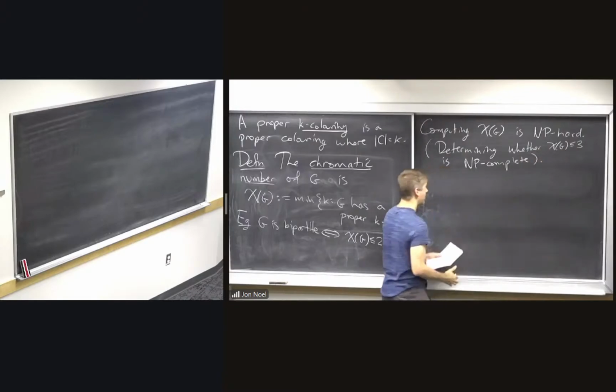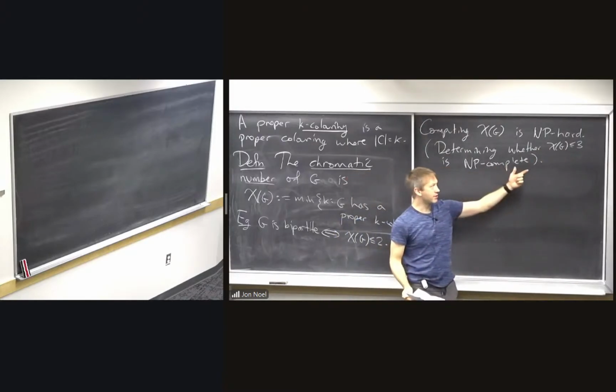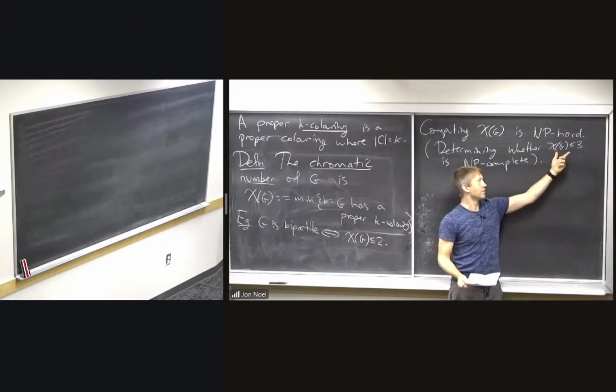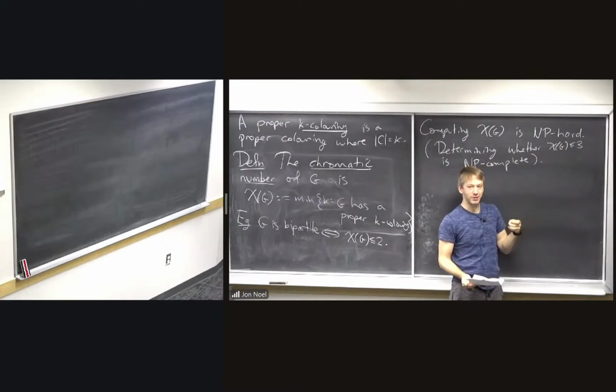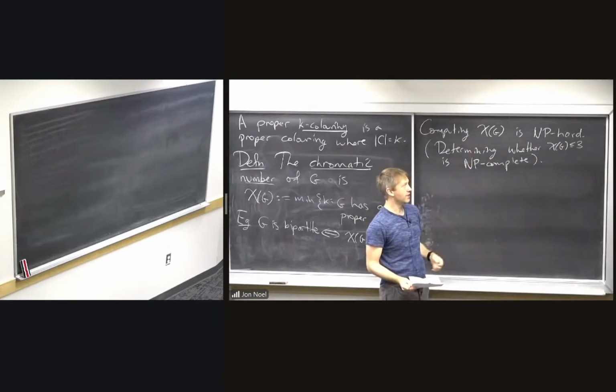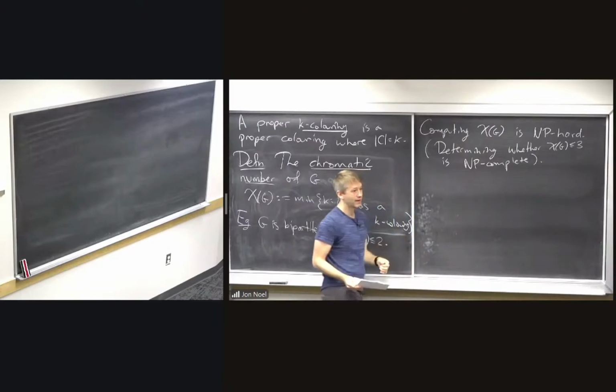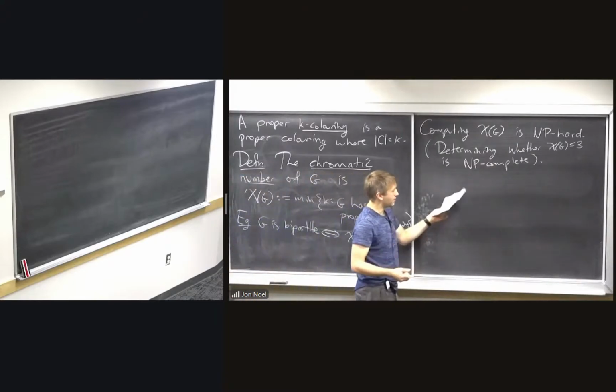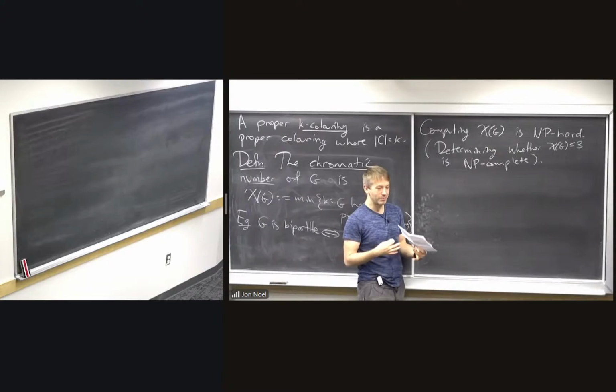And so if the decision problem for determining if the chromatic number is at most 3 is NP complete, then computing this number is going to be NP hard. Right. So we're not going to be able to compute this, but we will be able to understand it, maybe for a restricted family of graphs.